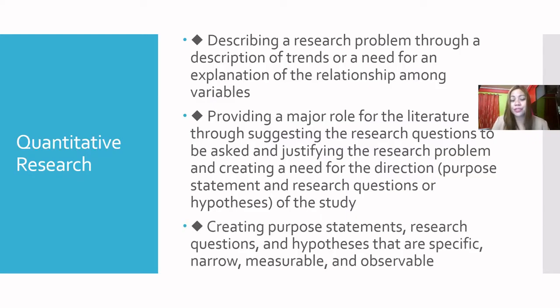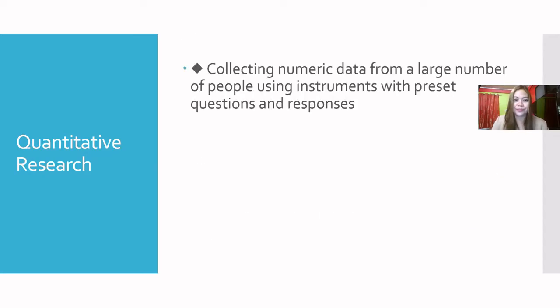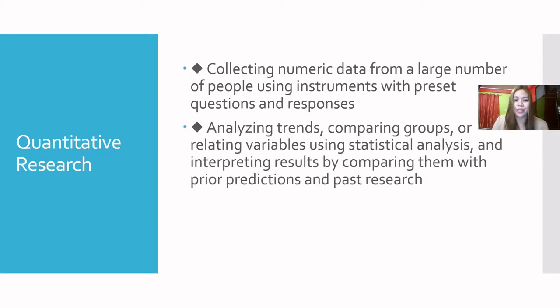Quantitative research is used also when you are creating purpose statements, research questions, and hypotheses that are specific, narrow, measurable, and observable. Collecting numeric data from a large number of people using instruments with preset questions and responses is also one of the characteristics of quantitative research.